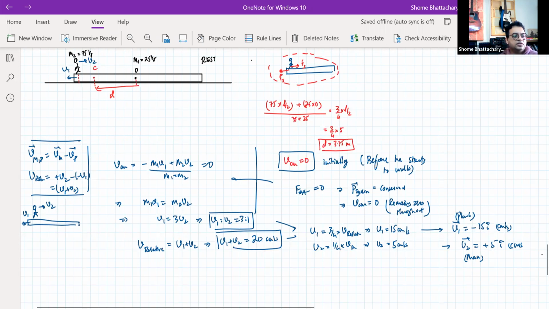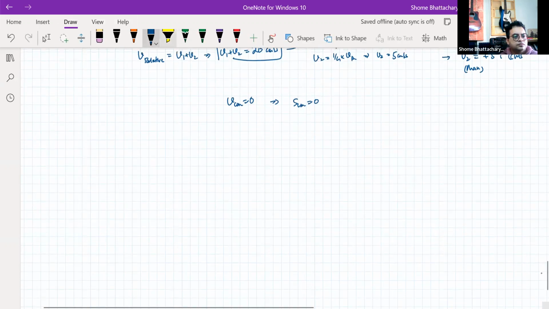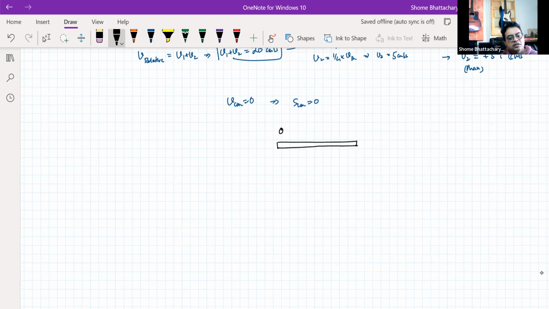So now same thing we'll do with displacement also. Okay. So you can see that velocity of center of mass is 0. That means displacement of center of mass will be 0. So that means that by the time the person reaches the other end, if he is displaced by S2 and the plank is displaced backwards by S1, then they should be related in such a way that the center of mass has not moved. So this is the center of the plank. This is where the center of mass of the system is. Okay.